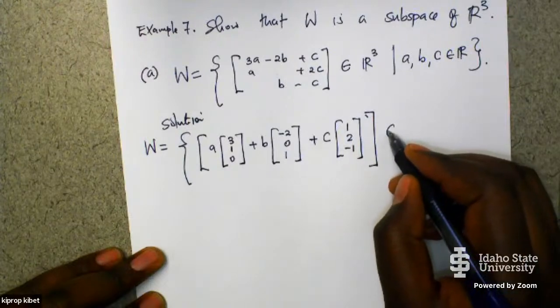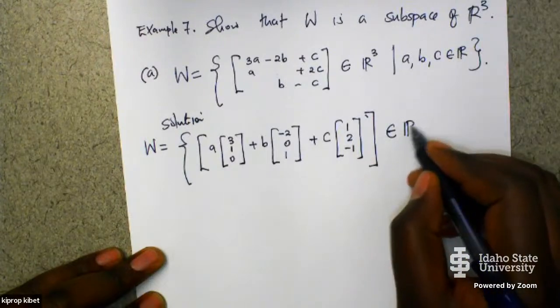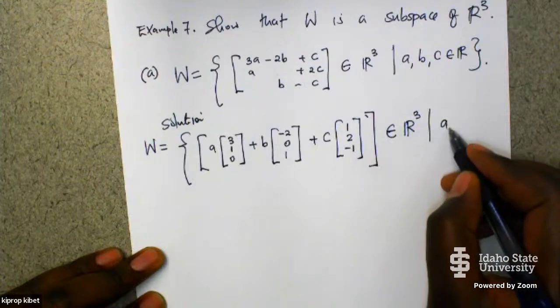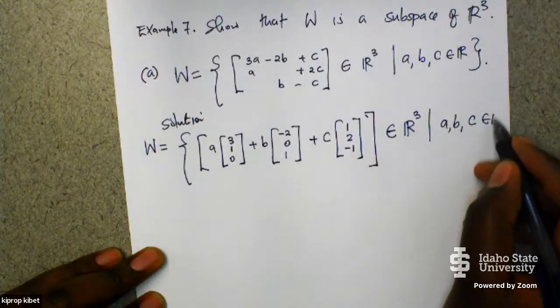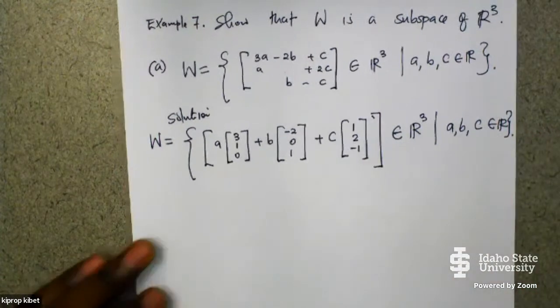We want to see whether these are elements of R3, such that A, B, and C are real numbers.